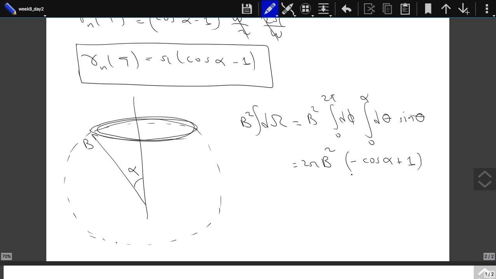The solid angle covered by this rotating magnetic field, if we divide by b squared, is 2 pi times 1 minus cosine alpha. And gamma n of t is just minus omega over 2.